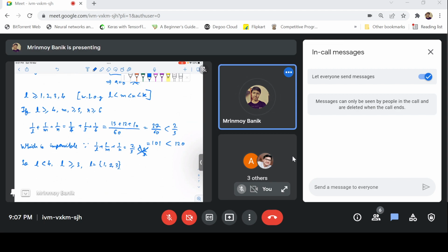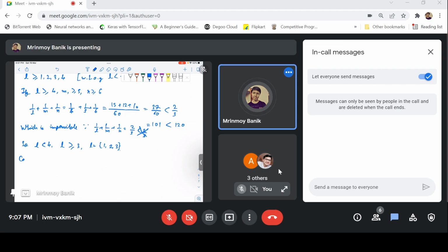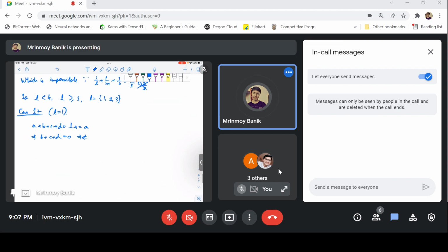So we will check for each case. Case 1, L equals 1. L equals 1 means A plus B plus C plus D equals LA equals A, which implies B plus C plus D is 0, which is also impossible since all the sides are positive.